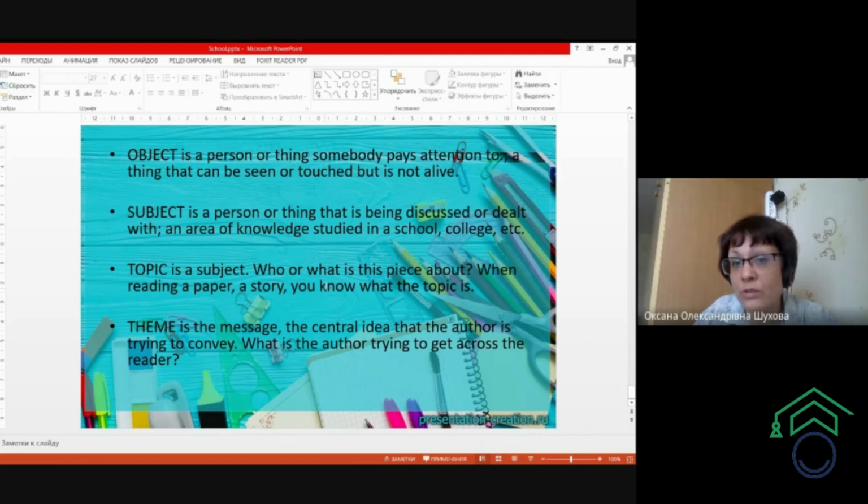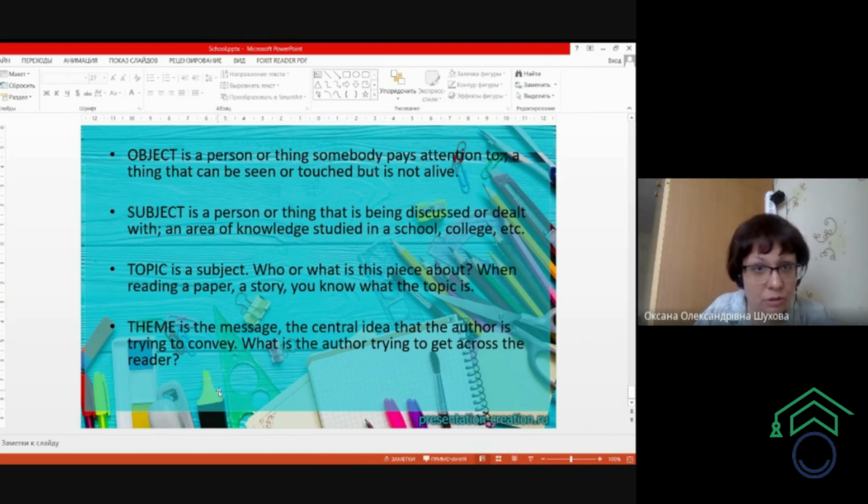Who or what is this piece about? When reading a paper, a story, you know what the topic is. And theme is the message, the central idea that the author is trying to convey. So, what is the author trying to get across to the reader? Тобто, topic, просто тема, theme – це як головна ідея того, що автор хоче донести до читача.